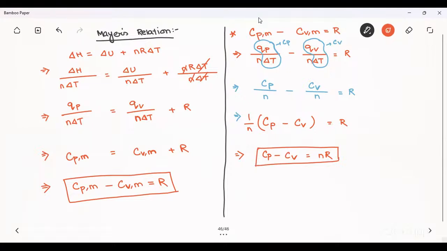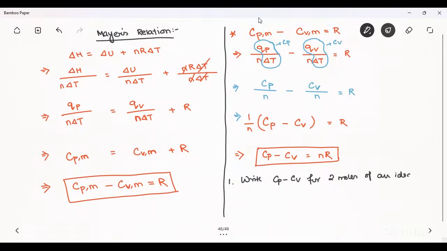Is this part clear? How I got this? Yes or no? Yes, ma'am. So in your NEET, a question came: write CP minus CV for 2 moles of an ideal gas.